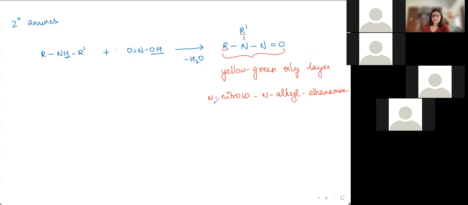And because I'm getting something called a nitroso group, this particular test is also called Liebermann's nitrosamine test. Okay, simple. So here this hydrogen and this OH are eliminated as H2O, and whatever is the remaining thing joins up.